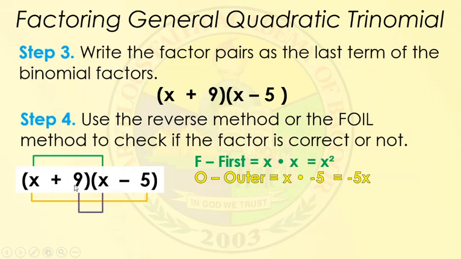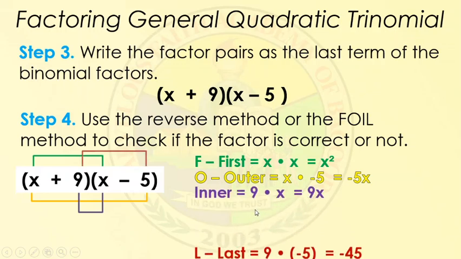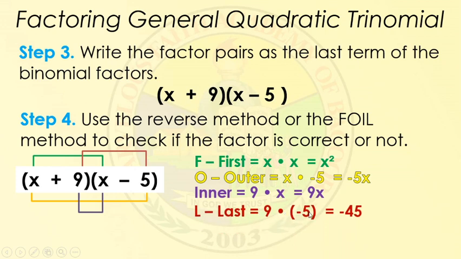Okay, and then next, positive 9 times x, the answer is 9x. Okay? And then next, for the last term, we have 9 times negative 5. So, multiplying unlike signs, the answer is always negative. So, negative 45. So, we have now gotten the first term and the last term. Now, how do we get our middle term?